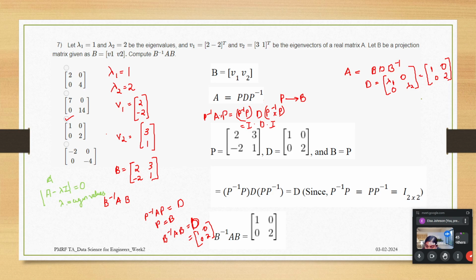Solving that, you'll get the eigenvalues. Then if you solve A x equal to lambda x, the values you obtain are known as the eigenvectors.